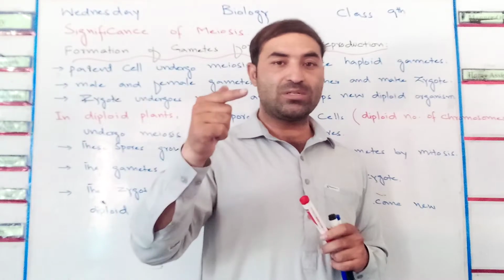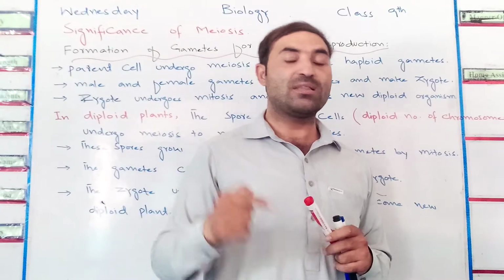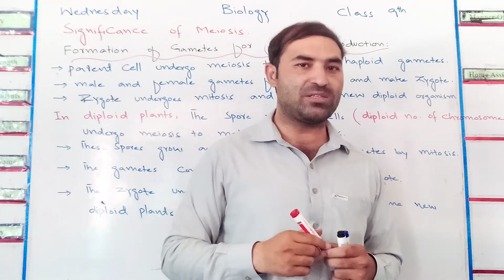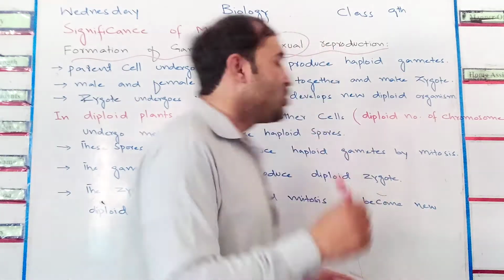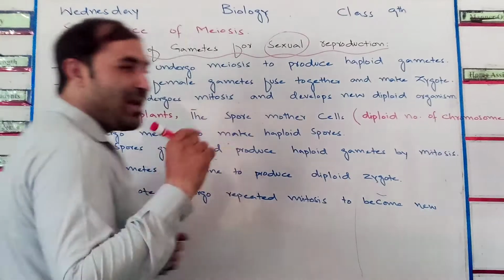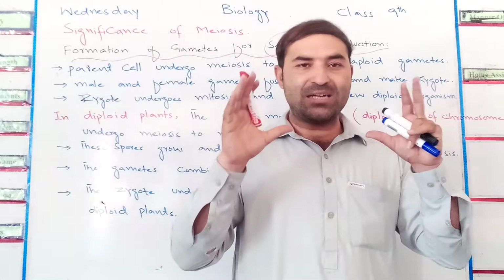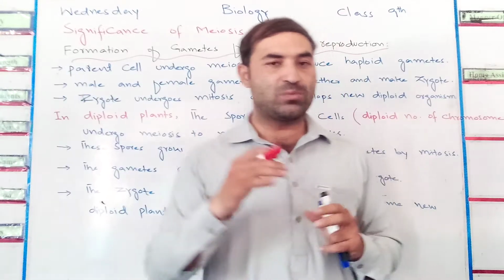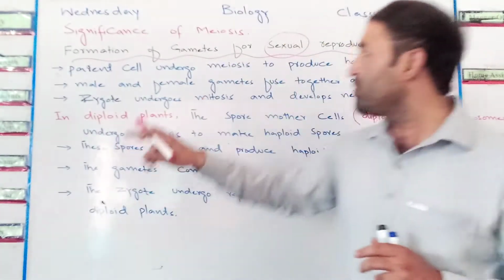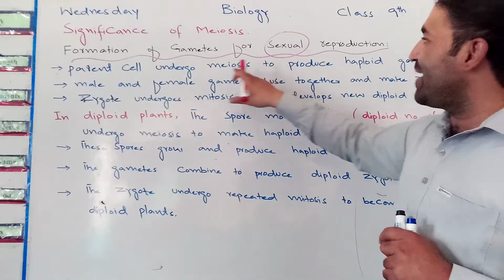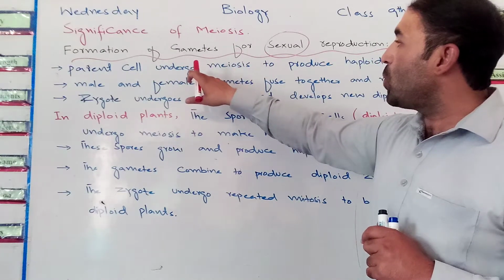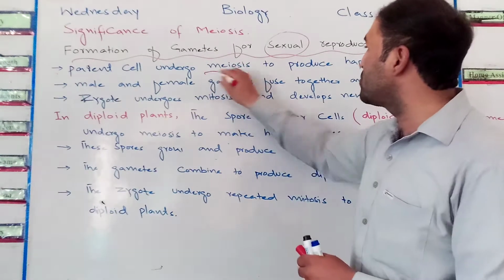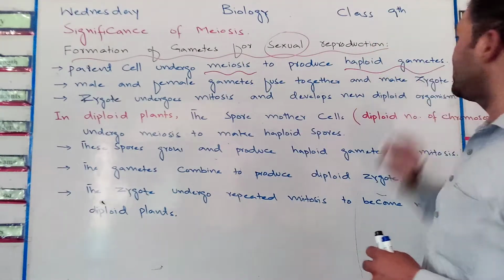Now coming towards sexual reproduction, how does the formation of gametes in animals take place? In animals, the parent cell with diploid number of chromosomes undergoes meiosis to produce haploid gametes.